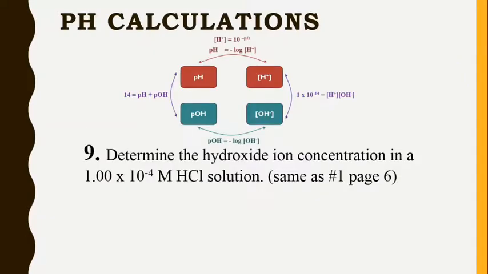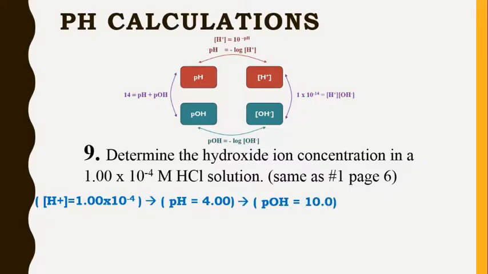Now, this last problem is actually the same as the first problem that we came across on page 6. And I just wanted to reinforce the fact that there are multiple ways of working these out. When we were given that H plus concentration, that HCl, we went about it another way, but after we work this out, I would honestly look at that and say, oh, that must mean the exponent is 4, my pH is 4.